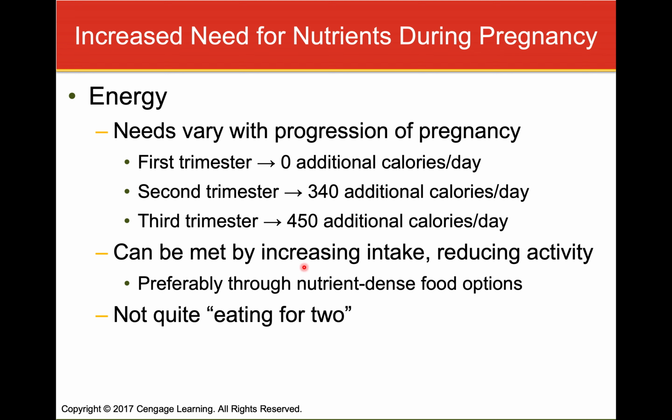So, eating more and exercising less. Now, eating more is probably the better option, especially if somebody has low physical activity already, because physical activity is going to be encouraged to some degree. And we will go over physical recommendations for pregnancy in upcoming slide.